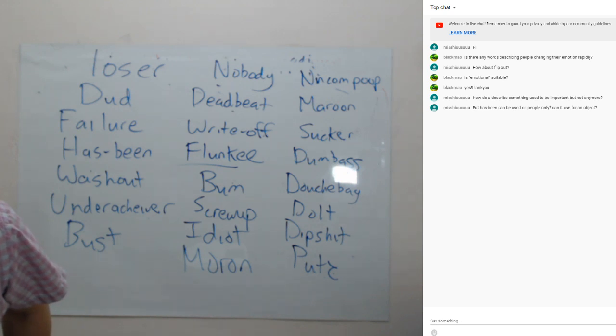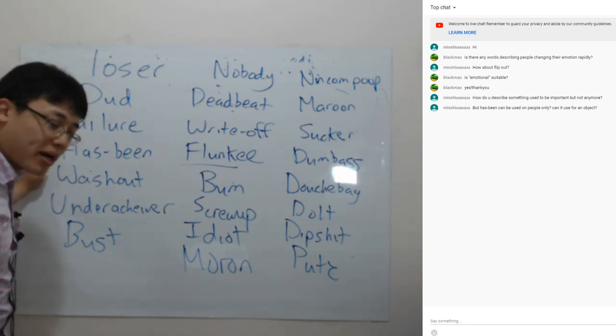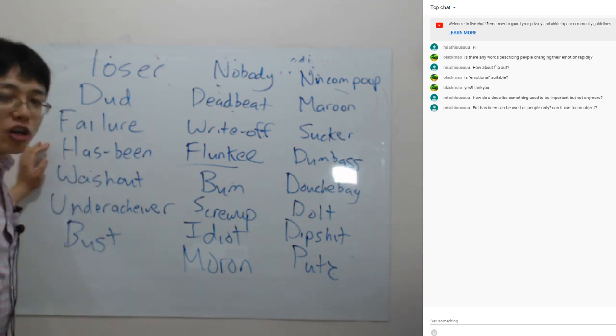So let's start from the beginning again. Definitely you can call people losers. You can call them duds, failures, has-beens. Remember, this specifically means somebody who used to be successful, maybe, but no longer successful.